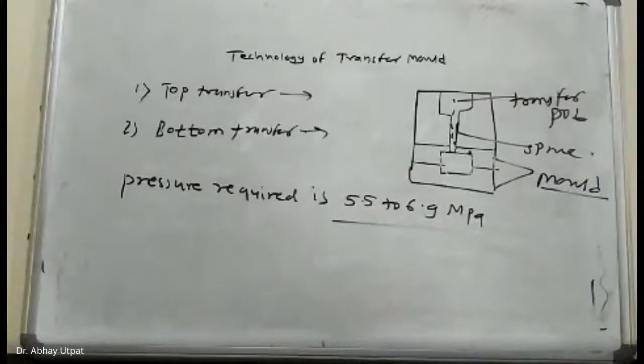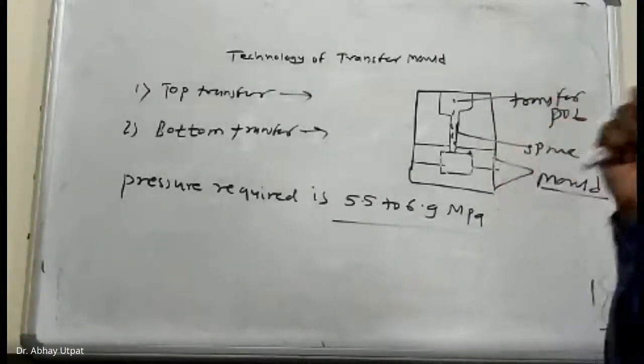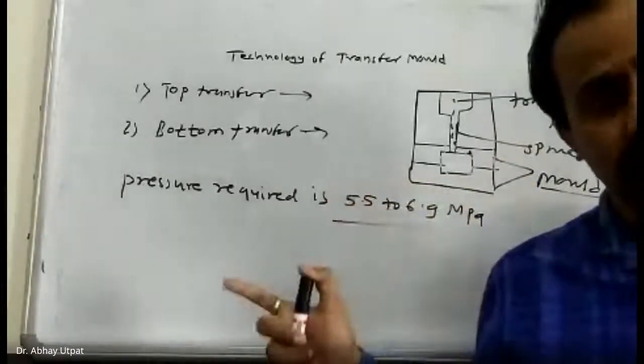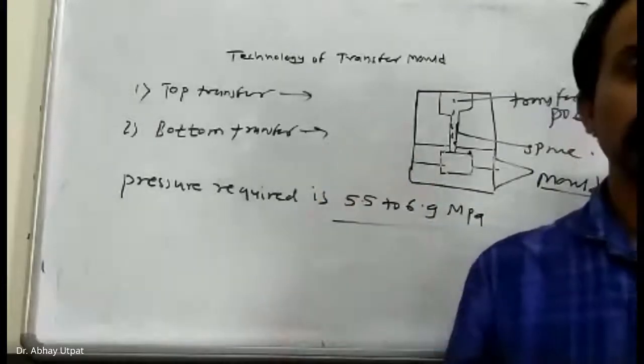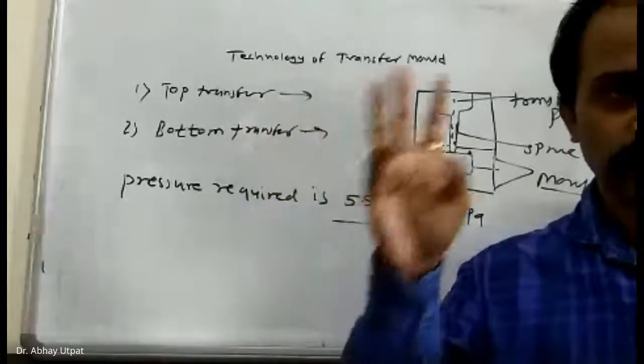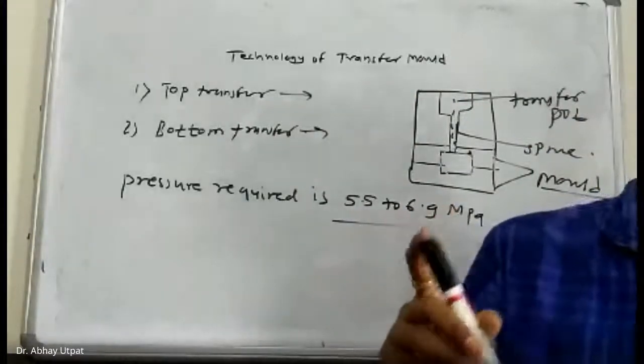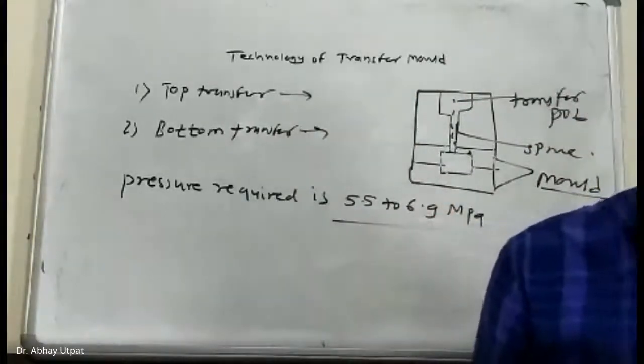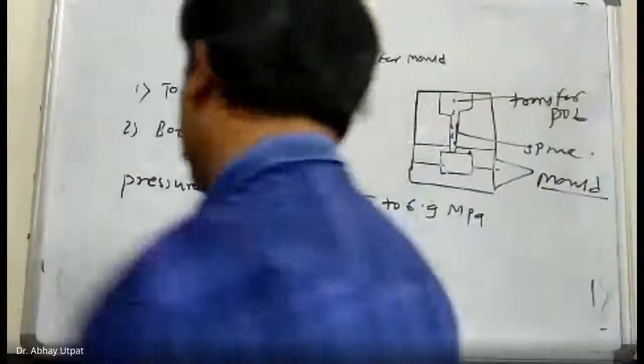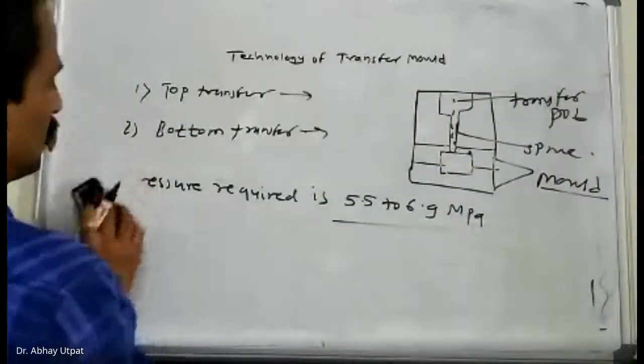So here, the curing time of compression or transfer molding is higher. Curing time depends upon 3 parts. First is the thickest cross section, then the temperature of loaded material, and the temperature of the mold.